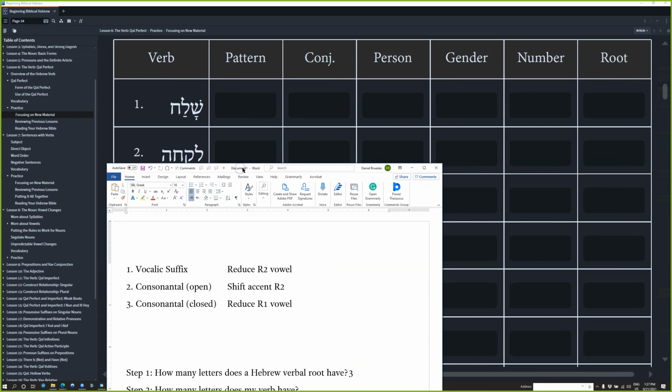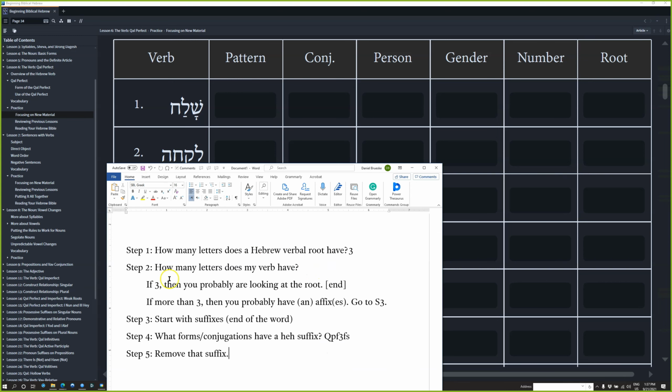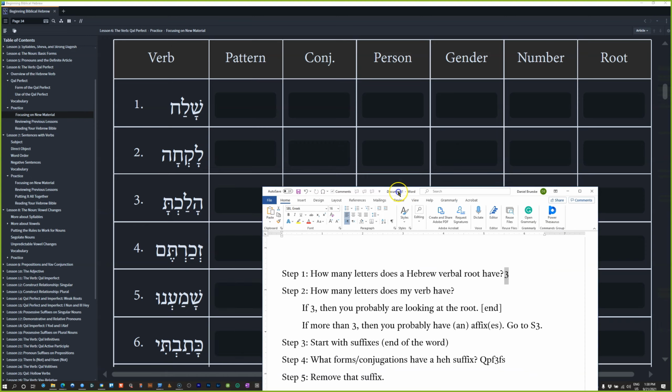Don't even pay attention to them at first. Just look at your letters. Cover up the vowels if you have to. Ask yourself first, how many letters does a Hebrew verbal root have? The answer is going to be 3 here. And then ask yourself, how many letters does my verb have? Mine has 4.